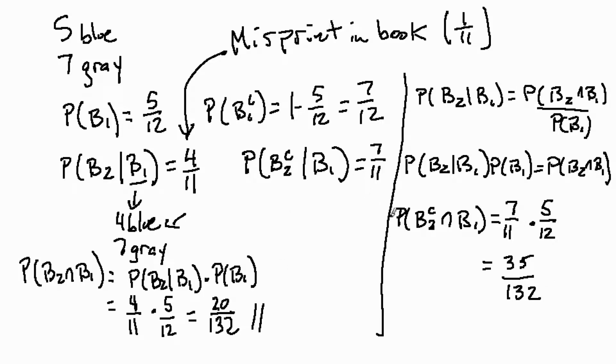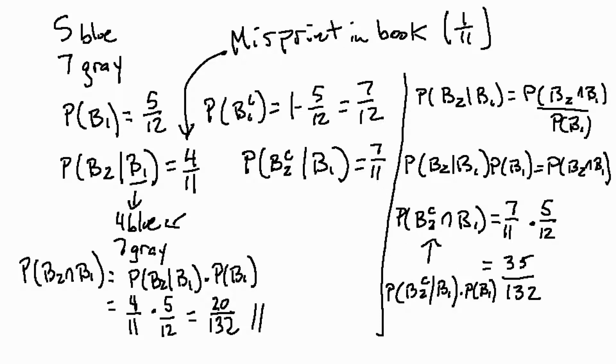Okay? Does everybody see where this came from? That's just the probability of B2 complement given B1 times the probability of B1.